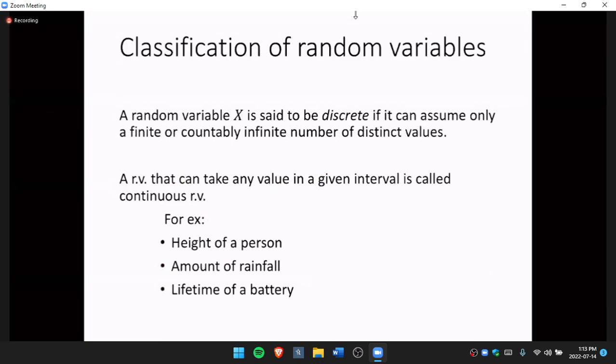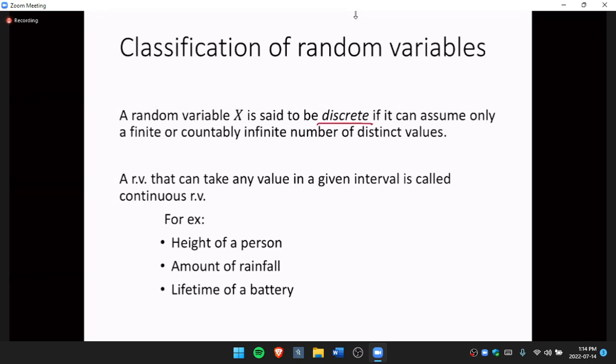There are basically two types of data or variables: qualitative and quantitative, right? Qualitative can be categorized into two parts, nominal and ordinal, while quantitative can be categorized again into two parts, discrete and continuous. Here, we have mentioned discrete and continuous data only.